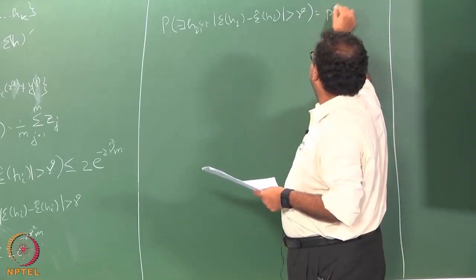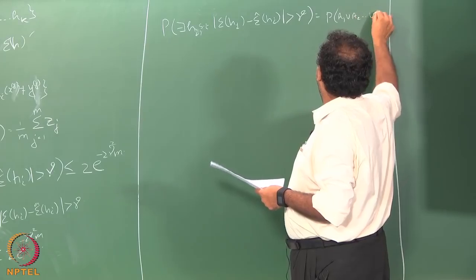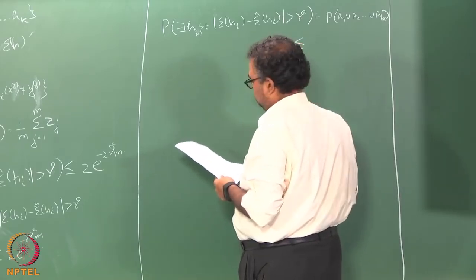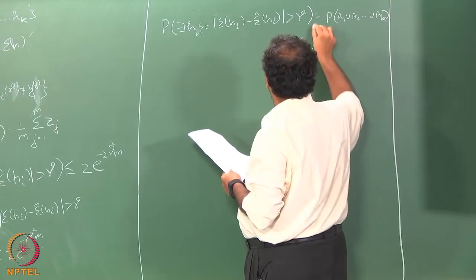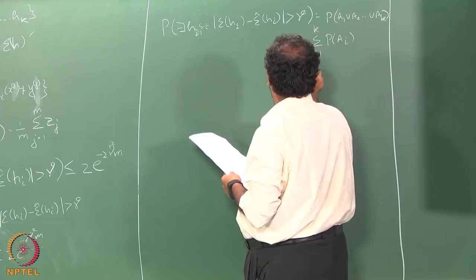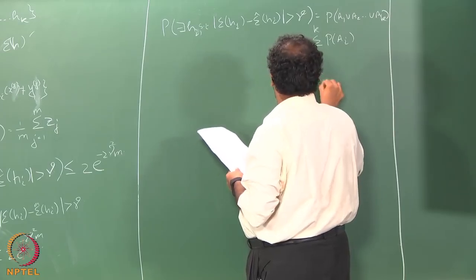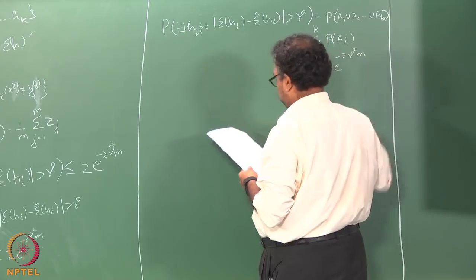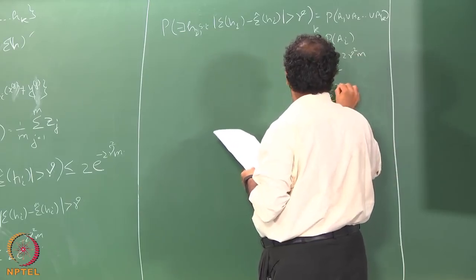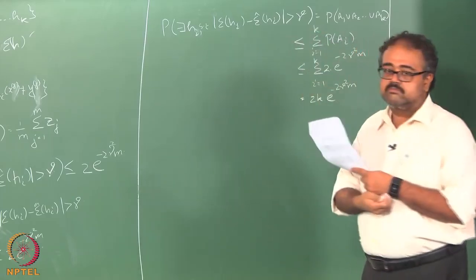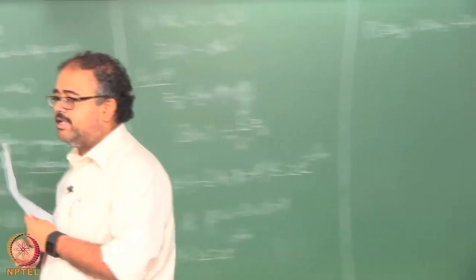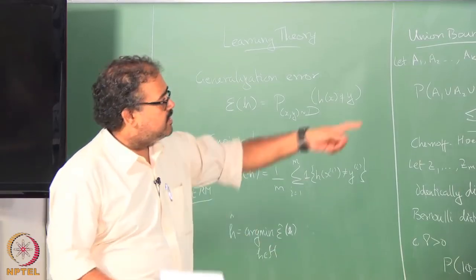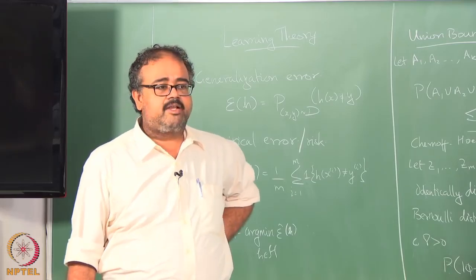So this is essentially equal to the probability that there will be at least one Hi which has a large error, which is bounded by 2k e power minus 2 gamma squared m.